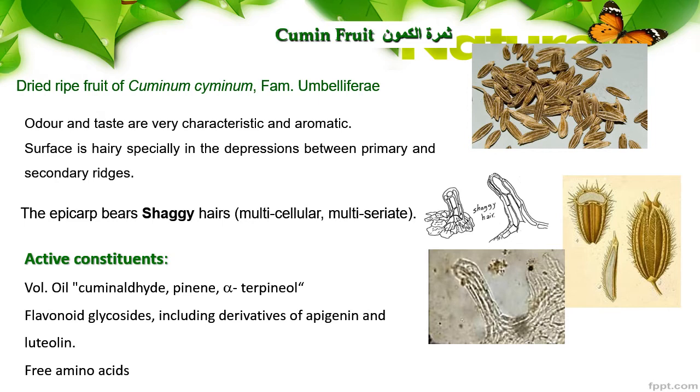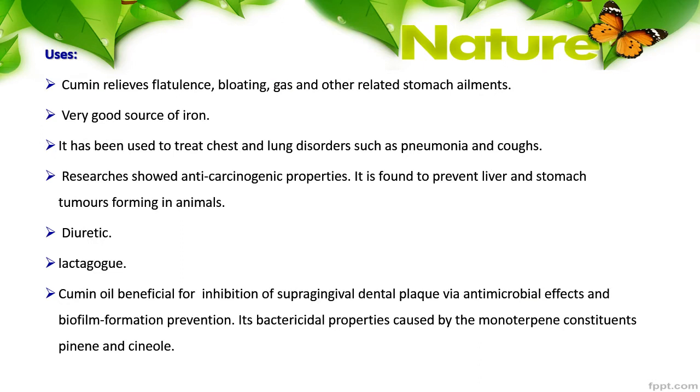The active constituent of cumin, mainly volatile oil, consists of cuminaldehyde, pinene, and alpha-terpineol, in addition to flavonoid glycosides including apigenin and luteolin, aglycone and glycosides, and containing also free amino acids.